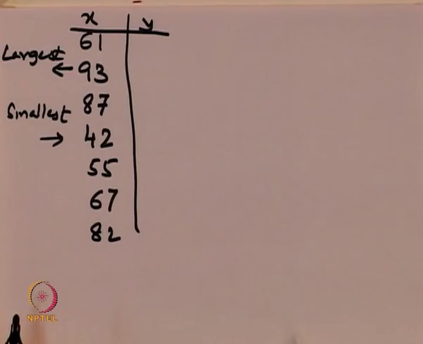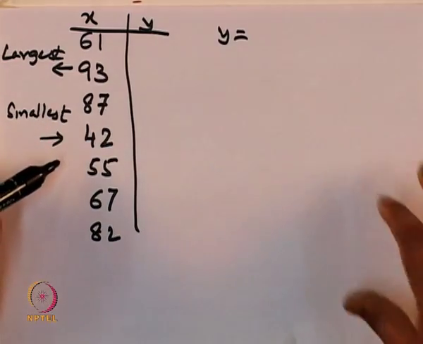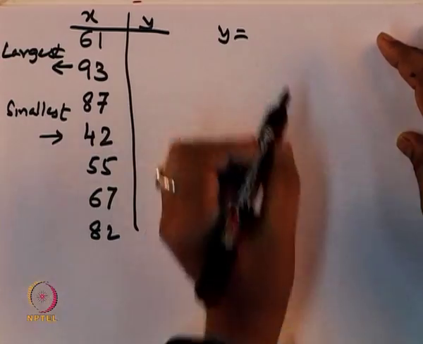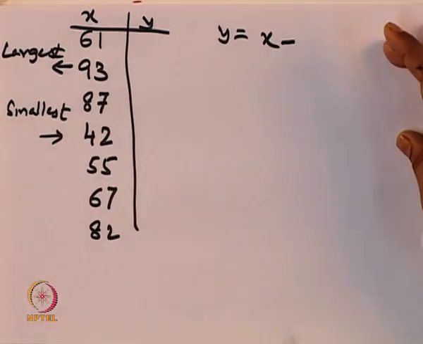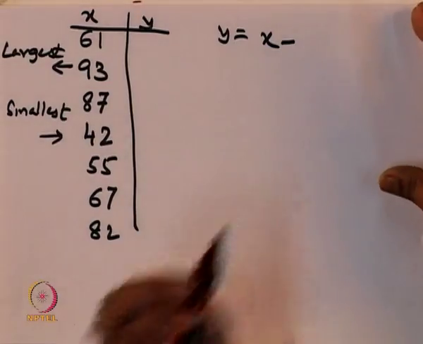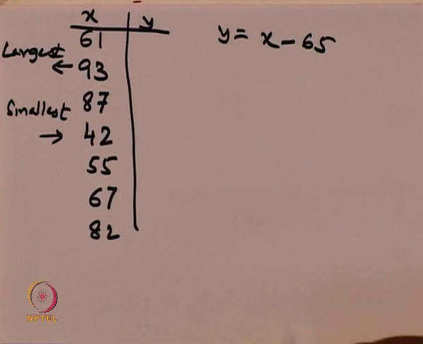So, an easier alternative is to define y. My smallest is 42, largest is 93. Let us choose y as x minus some value which is in the middle of 40 and 90. Okay. So, which is 65. 65 is nothing but the average of 40 and 90. So, 40 plus 90 by 2 is 65.